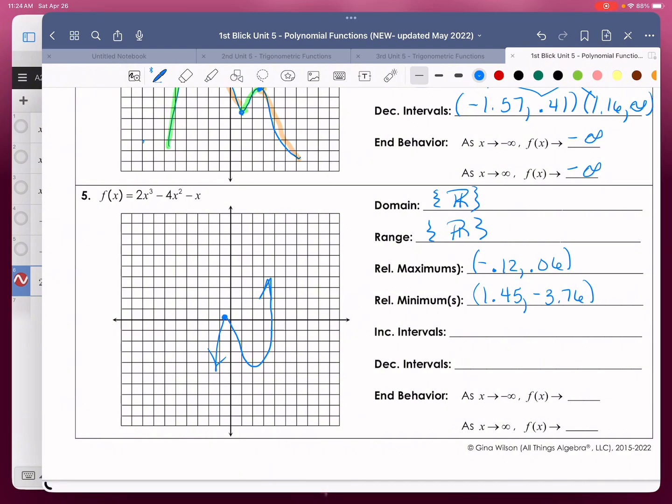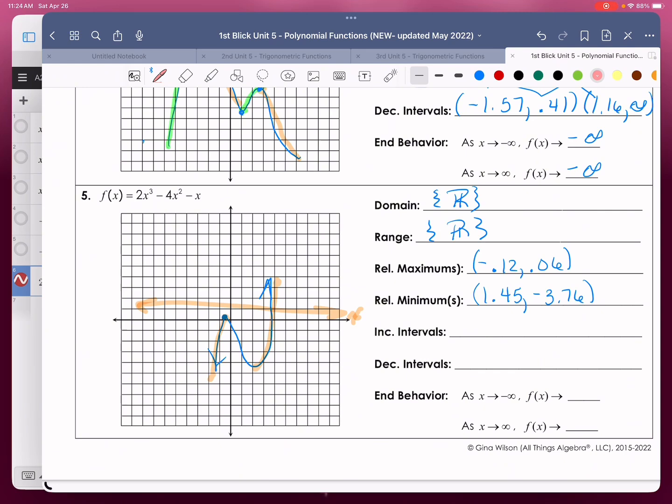All right, your interval of increase is going to be from here all the way up to here, and then also to here. And remember, we're looking at it going across, so we want the x coordinates.